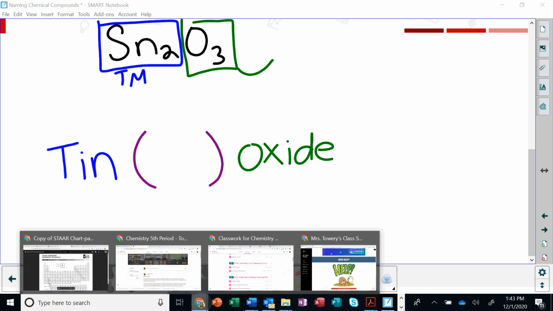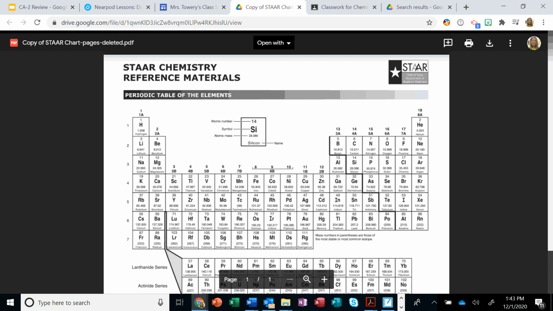So if I go back over to my chart, and I look at where we're at, remember, if we count, starting at group 1 will form a +1 charge, group 2 a +2. Skip the dip in the periodic table, +3. Group 4A is 4. Then we count down. Group 5A is -3, and group 6A, where oxygen is, is -2.